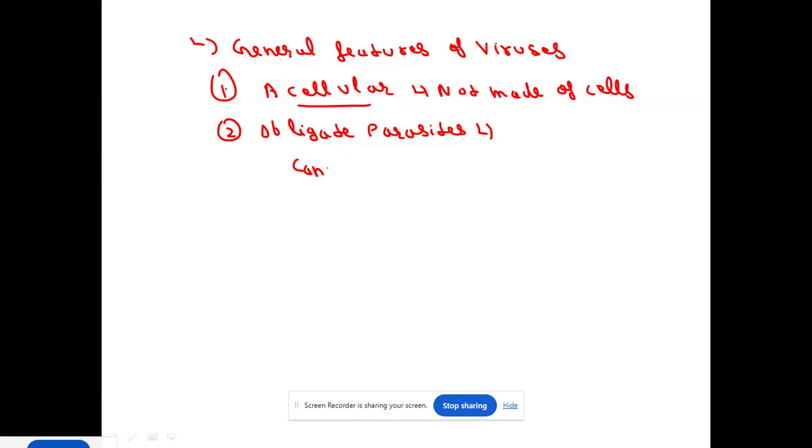So it means they cannot survive or reproduce without a host. So they are obligate parasites.